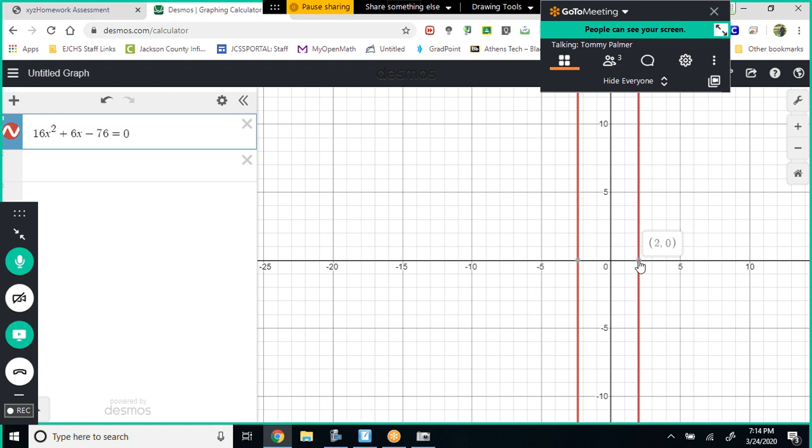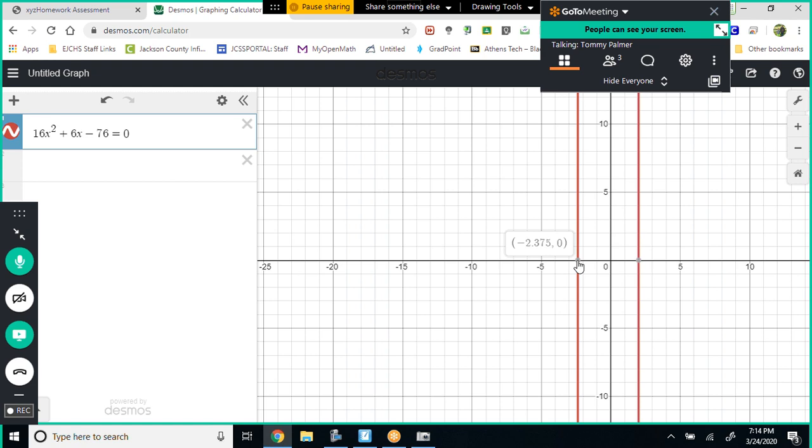Because when you move the 76 over and give the quadratic, you're actually saying where's it crossing the x-axis, right? When you set it equal to 0. Because when your output is 0, that's when y is equal to 0, so it's your x values. And so we got 2, and we also got negative 2.375.